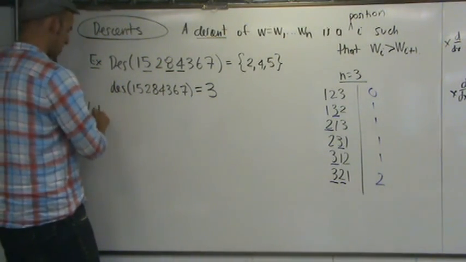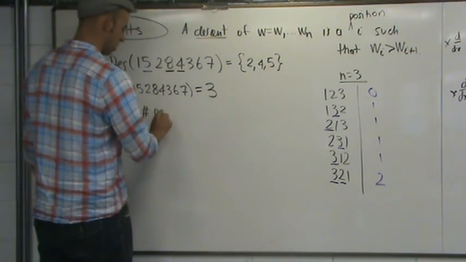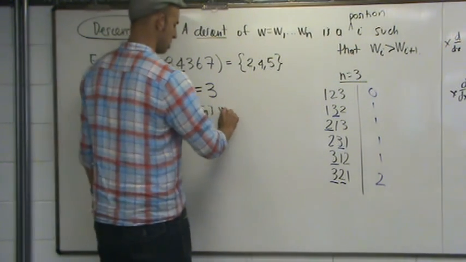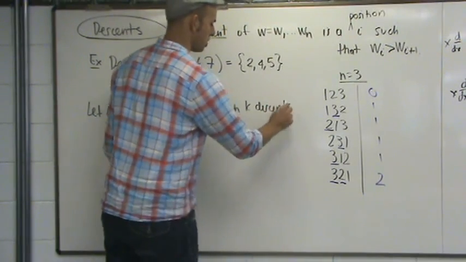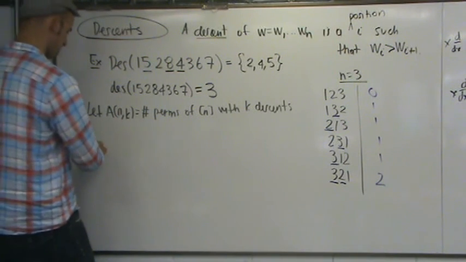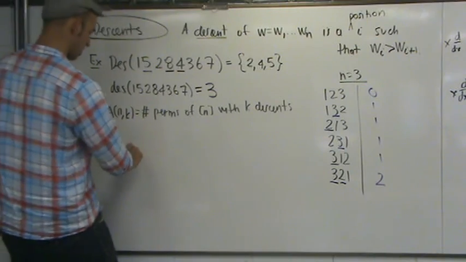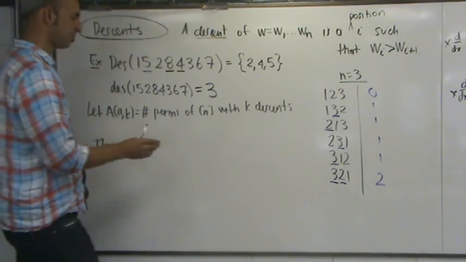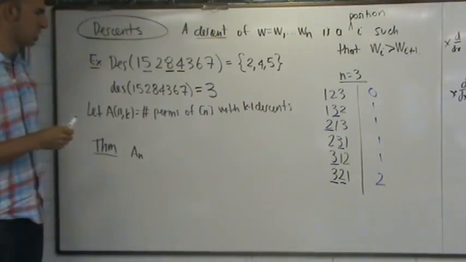So let's define A(n,k) to be the number of permutations of n with k descents. Okay? And so the theorem is that A_n(x), actually it's a little bit strange, but what I want is to do it with k minus 1 descents.